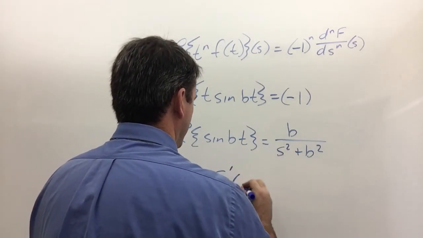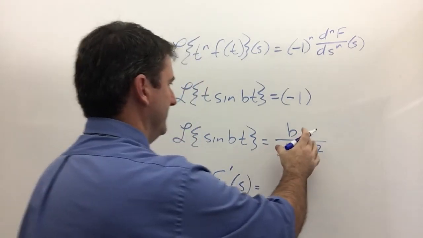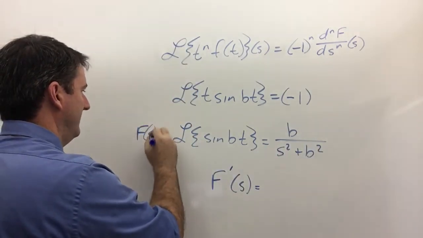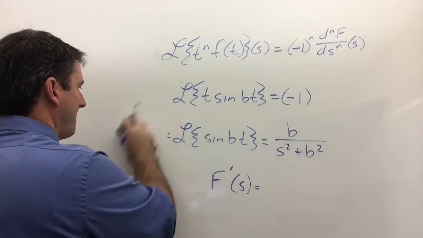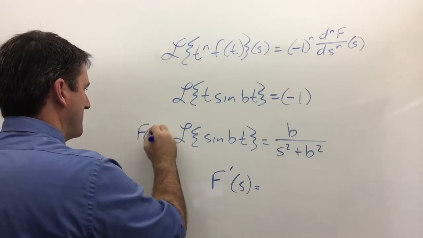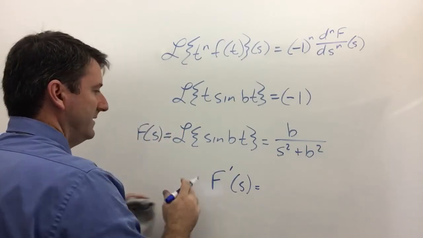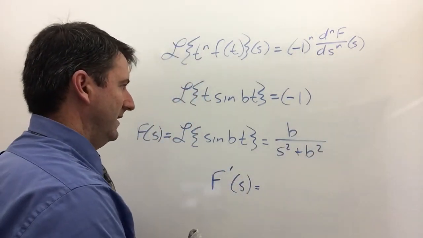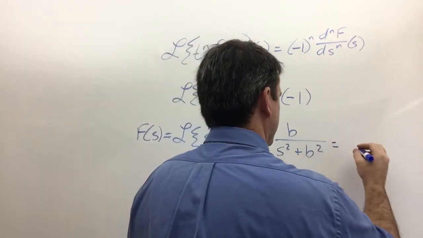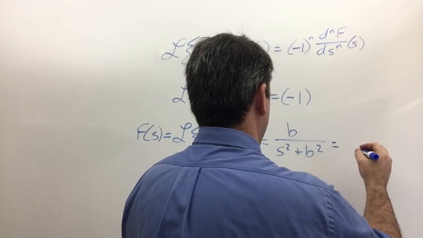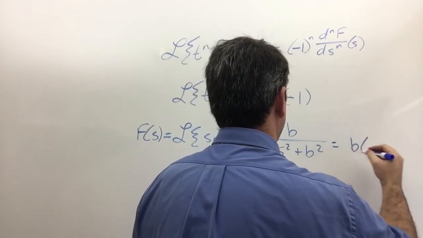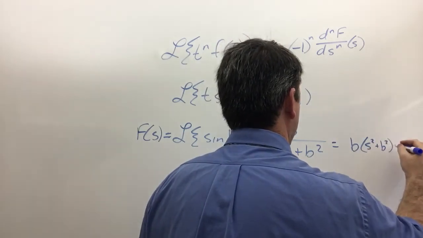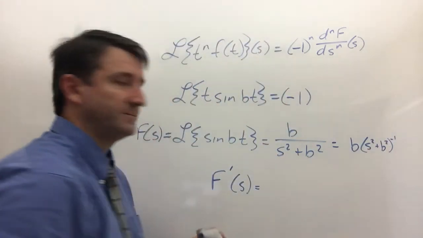Let's just call this F of s, then F prime of s is going to be the derivative of this. Let me rewrite this as b times (s squared plus b squared) to the negative 1 power.